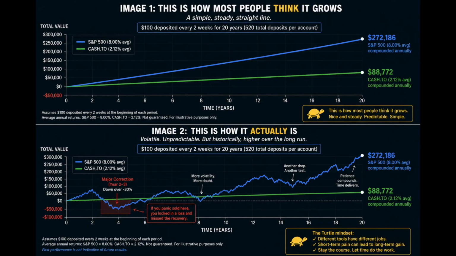They think it's just going to be this nice steady line with no volatility. If you chart it from the start to the end, that's just showing you the average from start to finish. So if you look at this chart, you're going to tell yourself, I'm just going to put all my money in the S&P 500 because it just kills compared to our cash, which is in our safety fund.